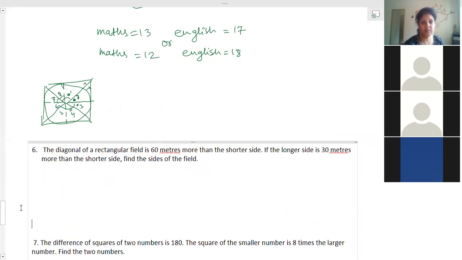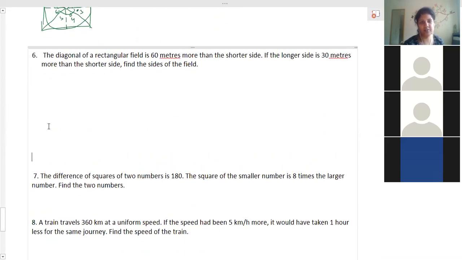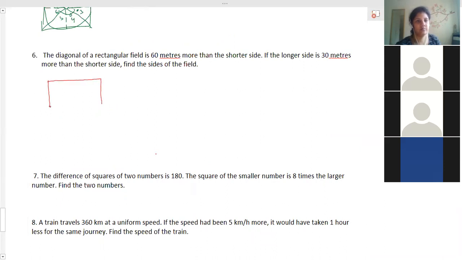A diagonal of the rectangular field is 60 meter more than the shortest side. It's a rectangle. Diagonal of the rectangle, that means if we join it, A, B, C. Diagonal AC is 60 more than the shorter side. So suppose BC is the shorter side. So consider BC as x.